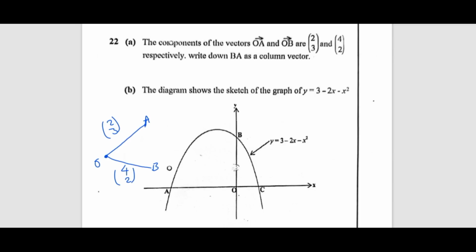Now we want to find the vector BA, instead of AB. So we want to move from B to A. The directions of the arrows are like this. For us to go to A, first we move along vector BO plus OA. So let's do that.